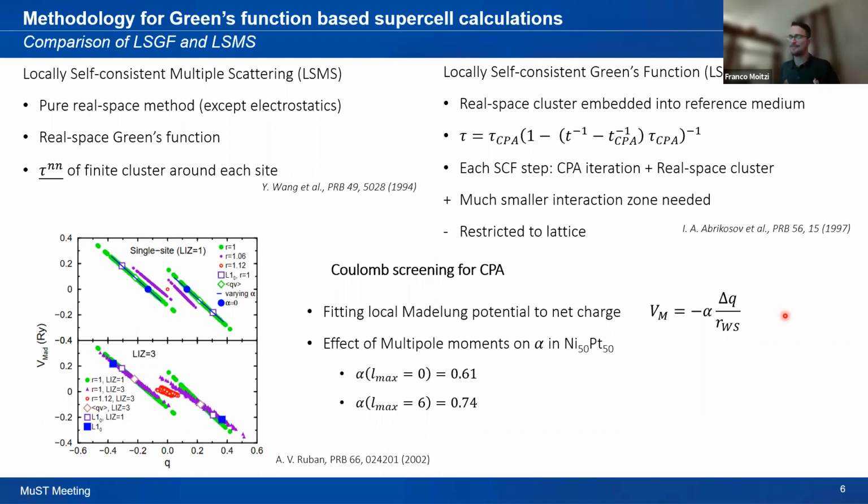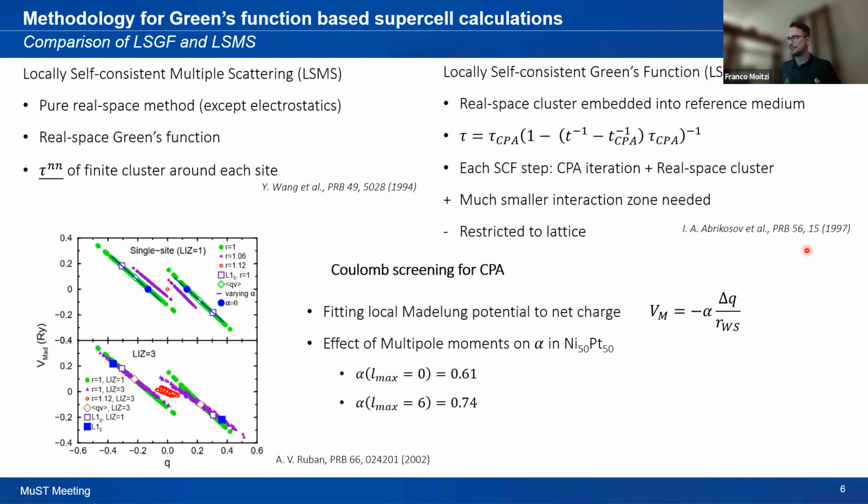And this is very important because, of course, this makes the matrix inversion for the path operator a lot smaller. And the reason why we're doing supercell calculations in the first place is because we're including these Coulomb screening effects into CPA. I won't talk about that in detail now, because there were some presentations about it already.